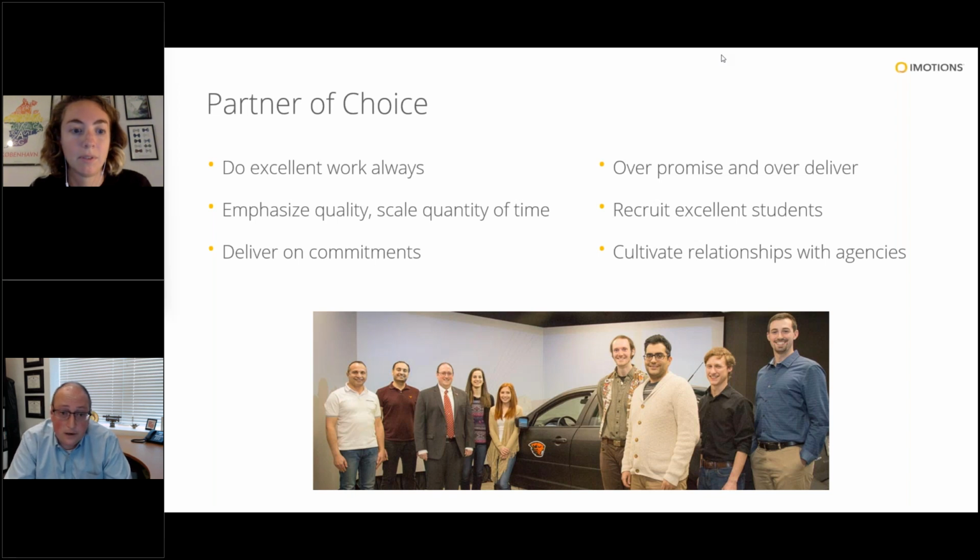Especially early on, we tried to emphasize quality and then scale quantity over time. To me, you have to be excellent at what you do in order for others to want you to be part of their team in their process. One comment that some close collaborators have made about our group is that our team, from the undergraduates all the way through to myself as the PI in the lab, we deliver on our commitments.